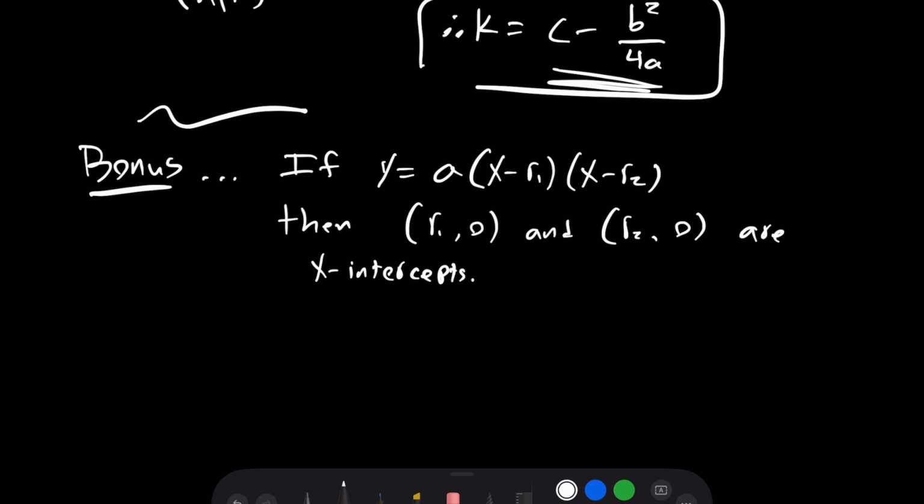So let's say we have a parabola, looks like this maybe. So here and here are two x-intercepts. So here's r sub 1, here's r sub 2.